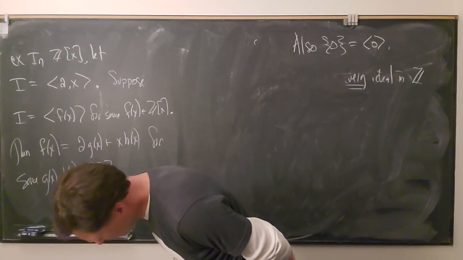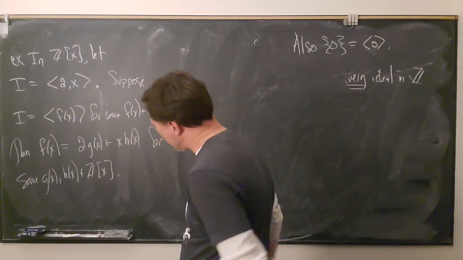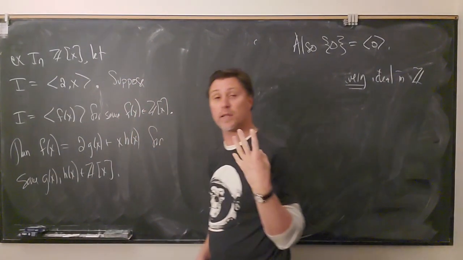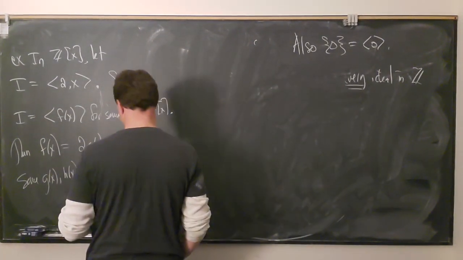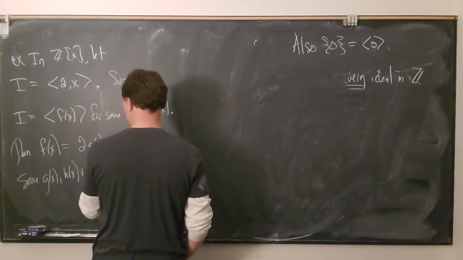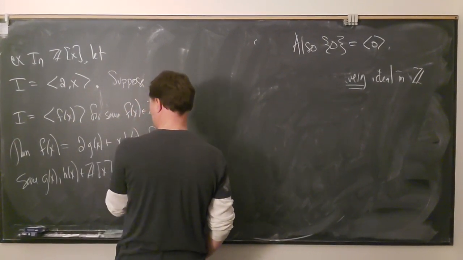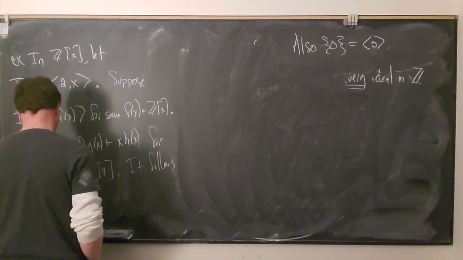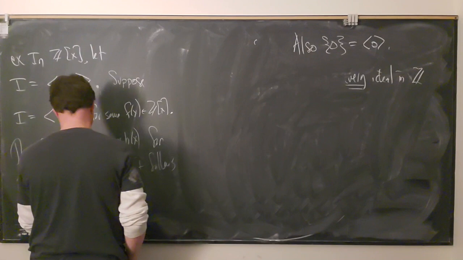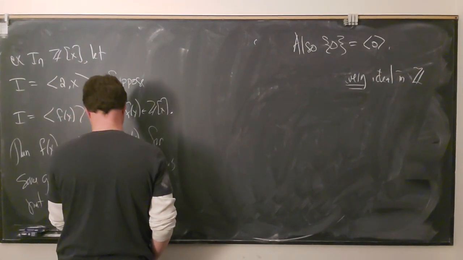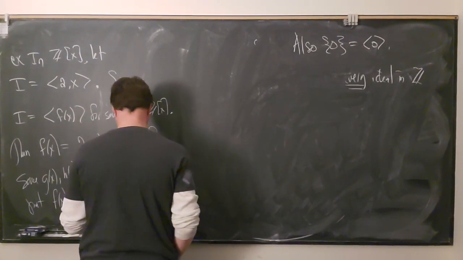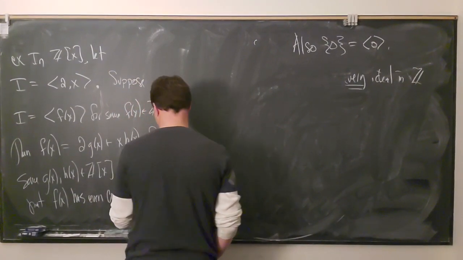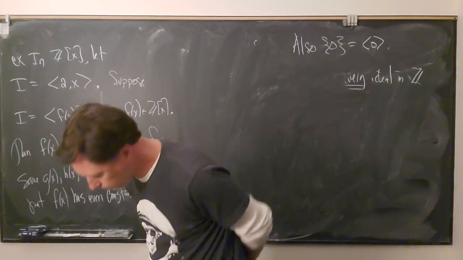Now, in particular, that tells us that f(x) has to have an even constant coefficient. So it follows that f(x) has even constant coefficient.